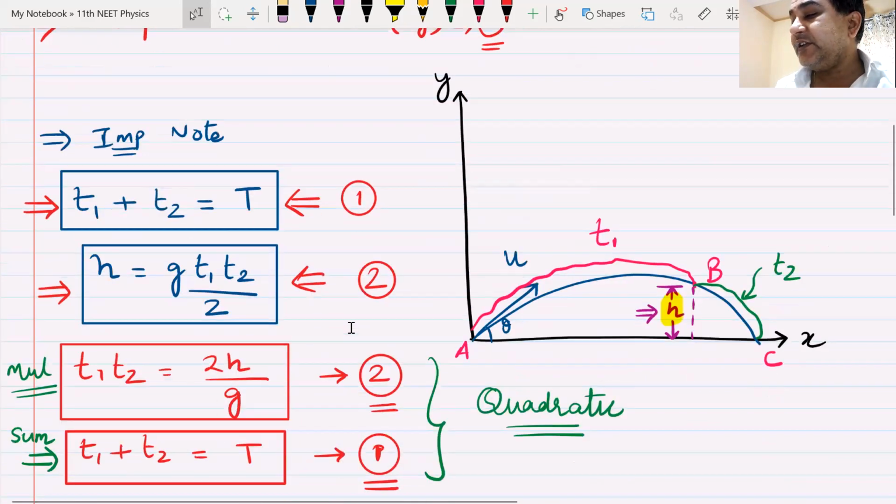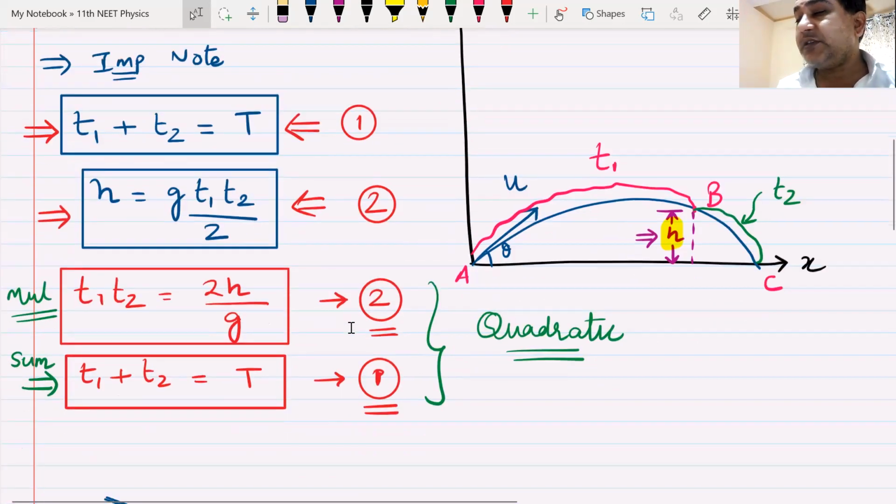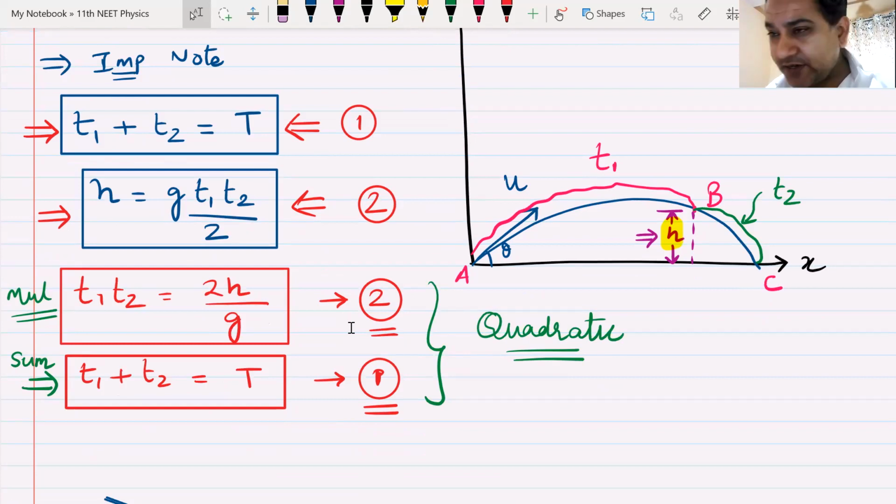Then we had seen if you take any point B in between anywhere, T1 plus T2 will be equal to capital T, and T1 multiplied by T2 will be 2h by g. They are actually roots of a quadratic equation.